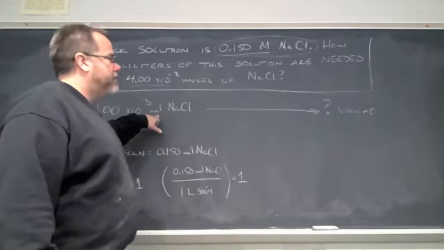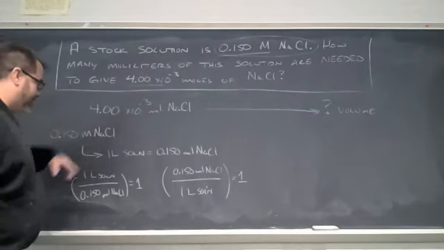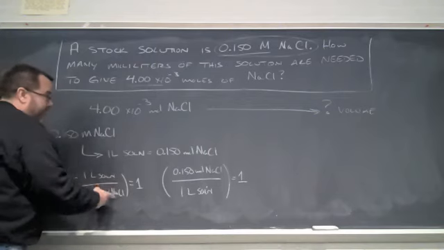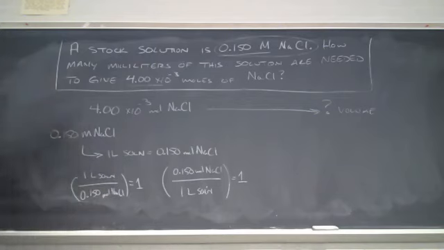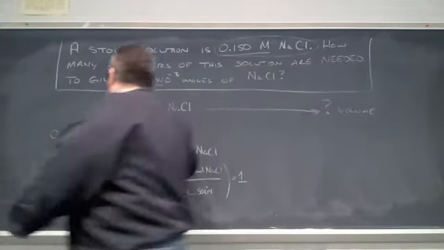Since we're trying to go from moles to volume, we want our moles to cancel out. So we'll use this one, put our moles on the bottom. That way moles will cancel with moles, and we'll get our volume in liters. Okay? So let's put this in here.